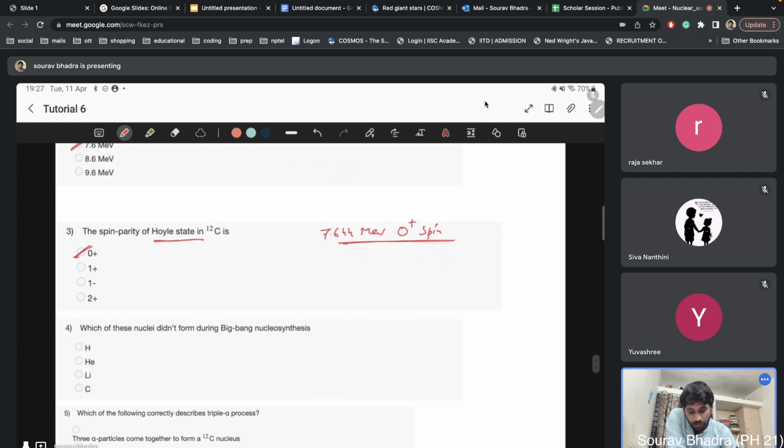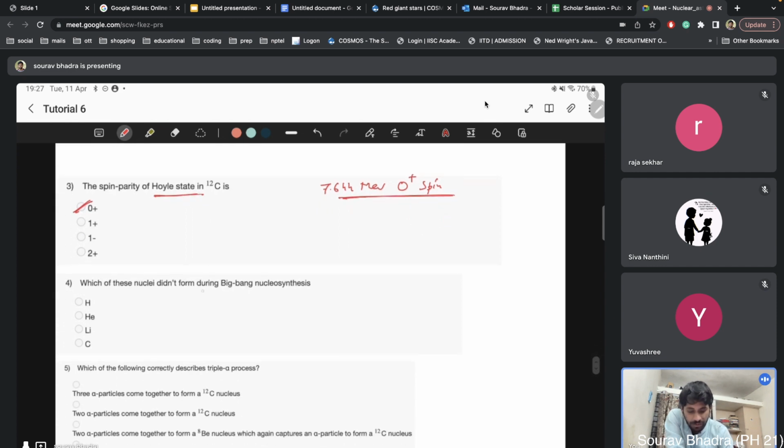Now, which of these nuclei did not form during Big Bang nucleosynthesis? I mean, this is not a question which should be given here. What happens in Big Bang nucleosynthesis? Mainly, at that time there was a creation of primordial helium and hydrogen. Lithium was not formed.